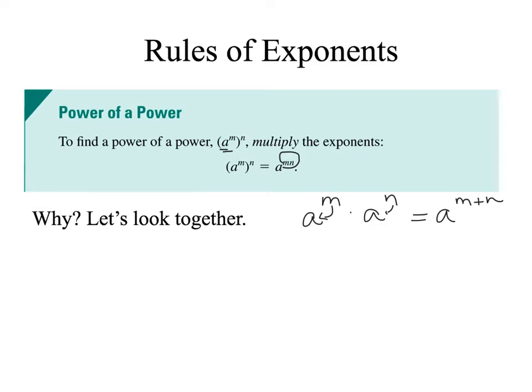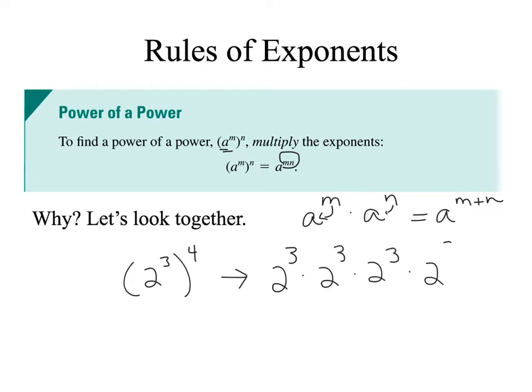So if I put this in terms of an example, I've got maybe 2 to the third power that I'm raising to a power of 4. So what that means is 2 to the third times 2 to the third times 2 to the third times 2 to the third. And then I could just use that same rule that we established above.